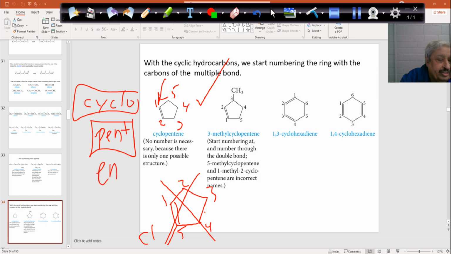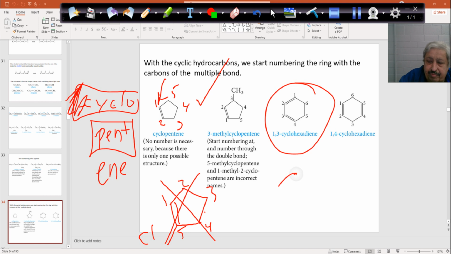So ene. Here, if you write cyclopentene, and then if you write whatever is 1 here, it does not really matter. No need for this, because you have 1. Now, it will be different if it has 2 or 3. That will be different. So I'll give you a 3-1.